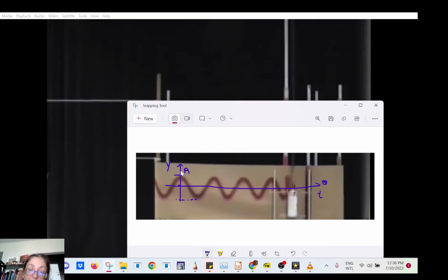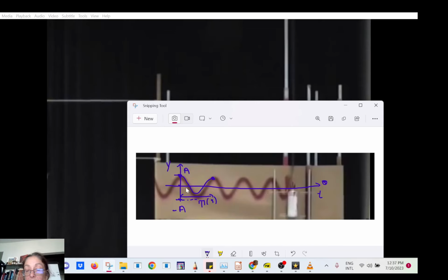Okay, so it's between a and minus a. You see at t equals 0, when you start the stopwatch, it's going to be a. And here, you're going to define 1 cycle. So between here and there, that's going to be the period, in seconds.